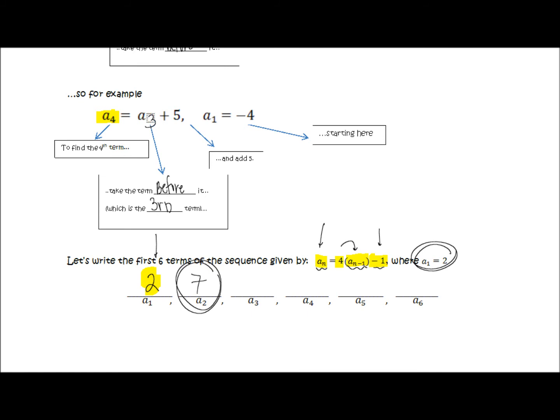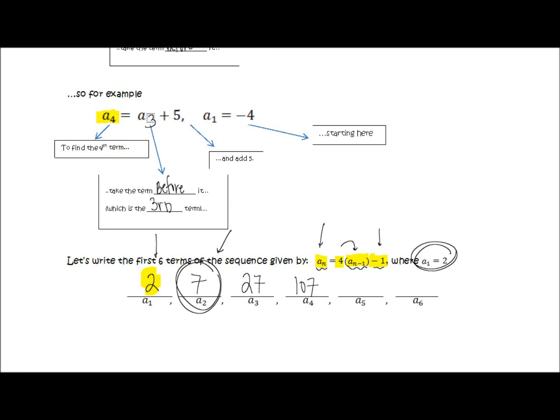Term a3. Now, a3 depends on a2. So to figure out term a3, you take 4 times the term before it, that's 7. 4 times 7 is 28, and then subtract 1, which is 27. The next one, term a4, we just take 4 times the term before it, which is 27. 4 times 27 is 108, and subtract 1 to give us 107.